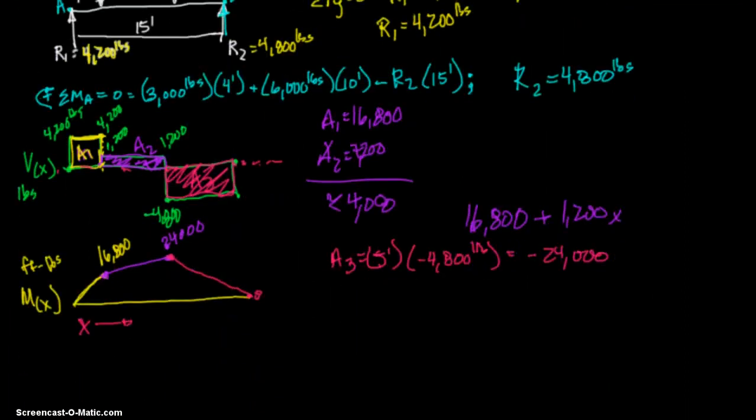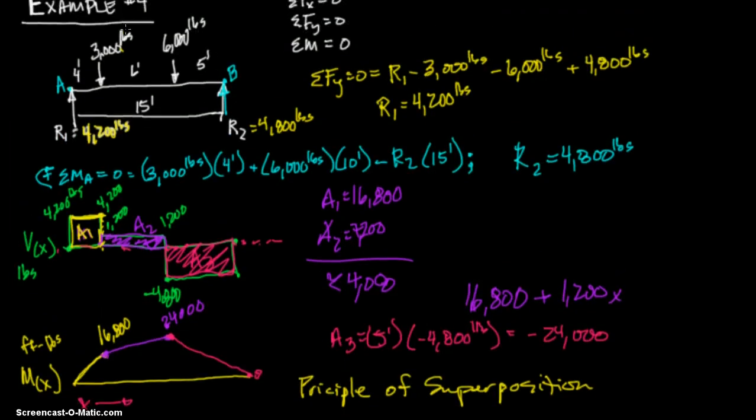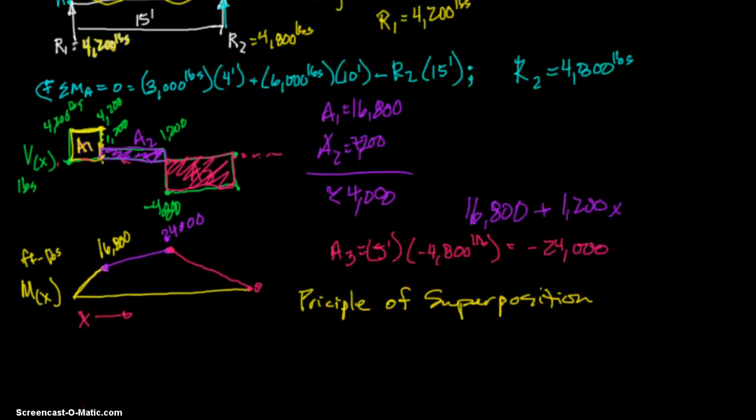If you get this, it's a Kung Fu type moment. It's very powerful. The principle of superposition means the shear and moment from here plus the shear and moment from there, if they were each alone, equals the sum of the two.